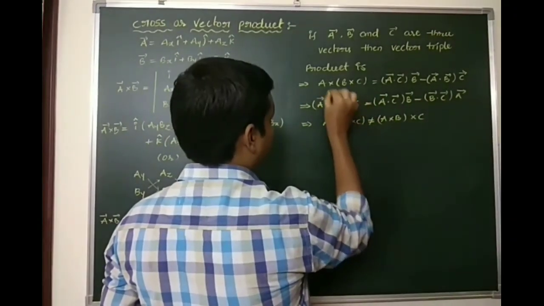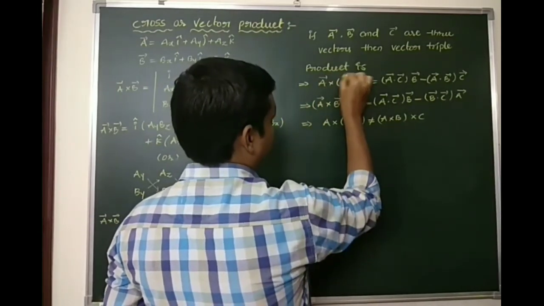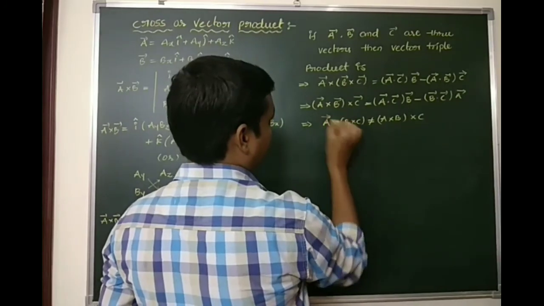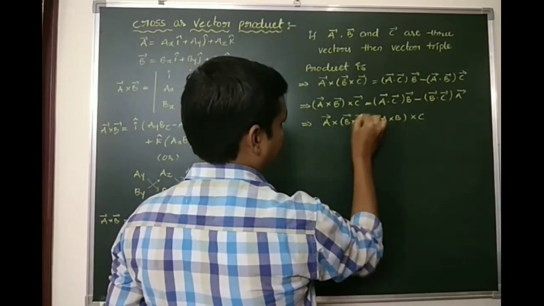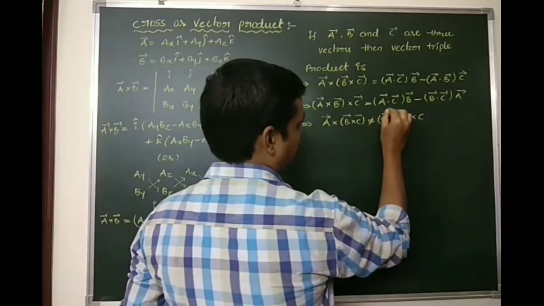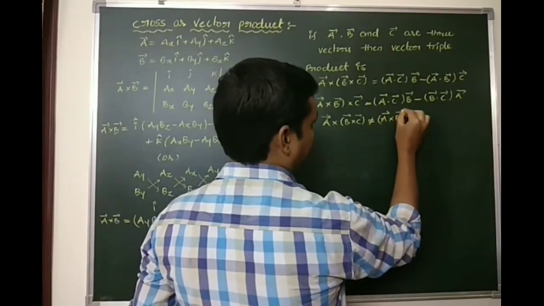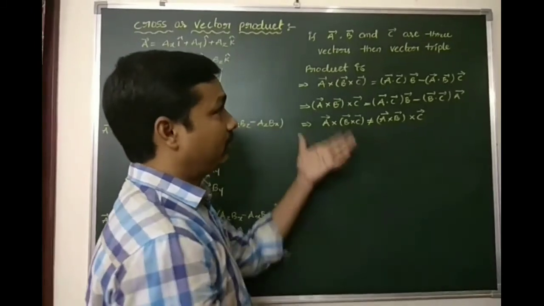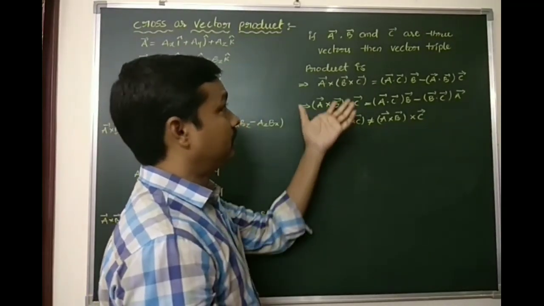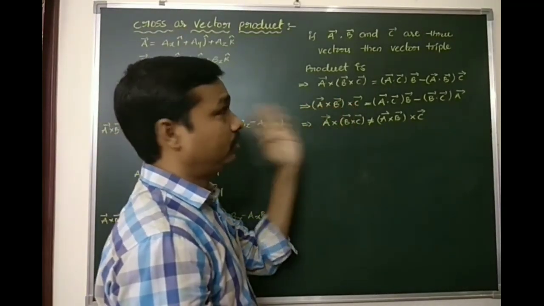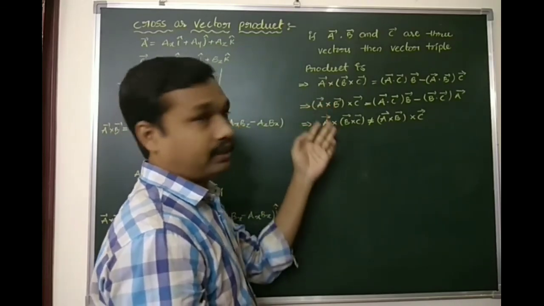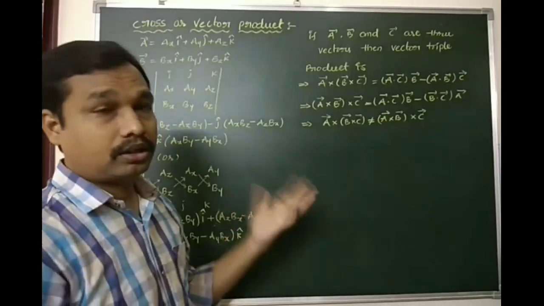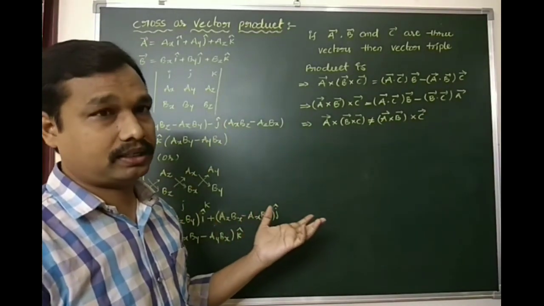All these are vectors. And one more, A cross (B cross C) is not equal to (A cross B) cross C. These are the triple product formulas. If you do cross product, these are the methods you need to follow. This is about cross product and its properties.